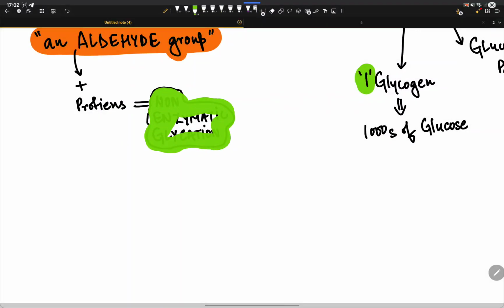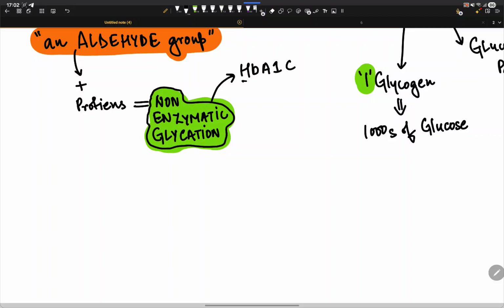We are talking that glucose is super duper reactive, right? Now, clinically, what molecule measures long-term glucose exposure? We call that HbA1c.